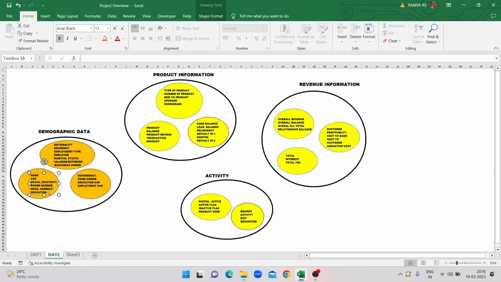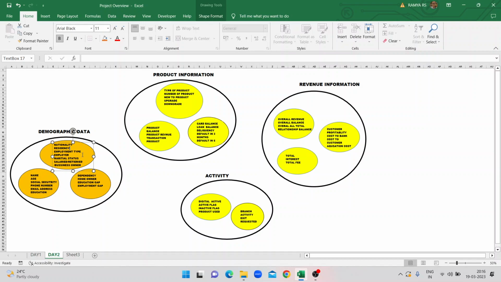Education, we need to know what kind of segment the customer fits in, whether the customer completed his education in the early 90s, late 90s, early 2000s, late 2000s. We can know what kind of financial status the customer could be, or what kind of mindset the customer would have, right?